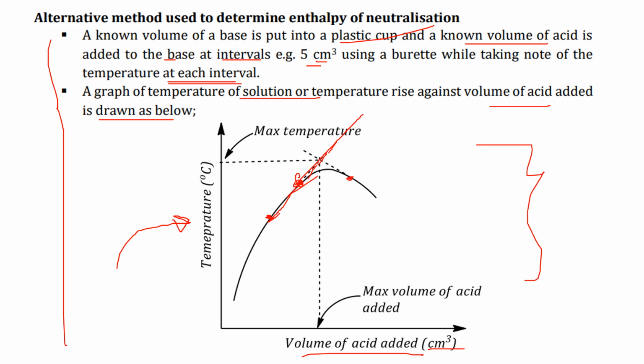Also on this side, you get 2 points that are on this curve, you get your ruler, and then you extrapolate them. The point of intersection is what gives you the maximum volume of the acid added together with the maximum temperature, and the maximum temperature obtained here is what you use to determine the enthalpy of neutralization.